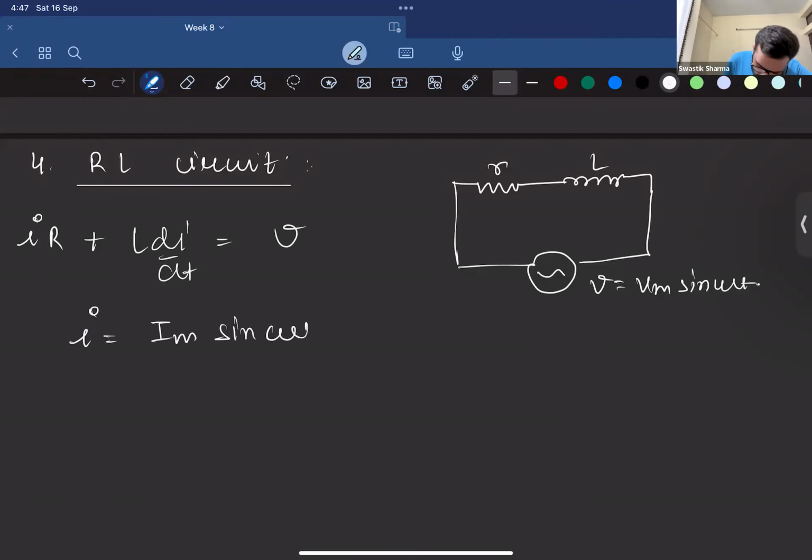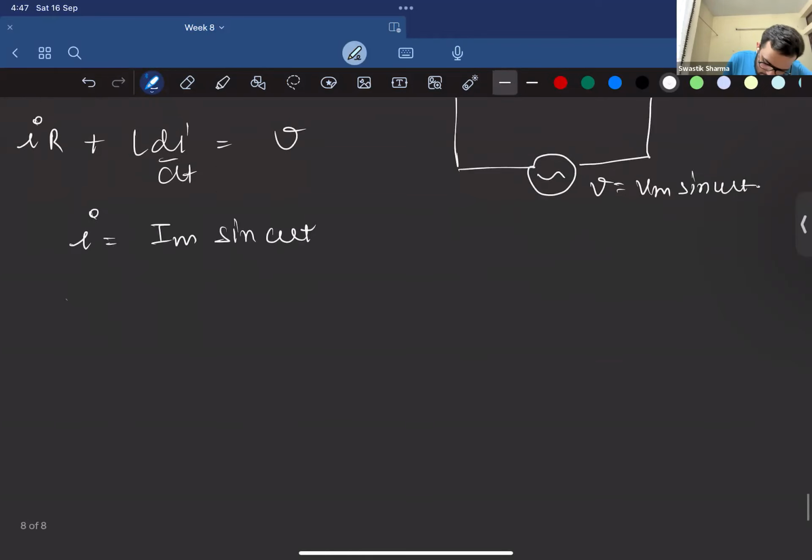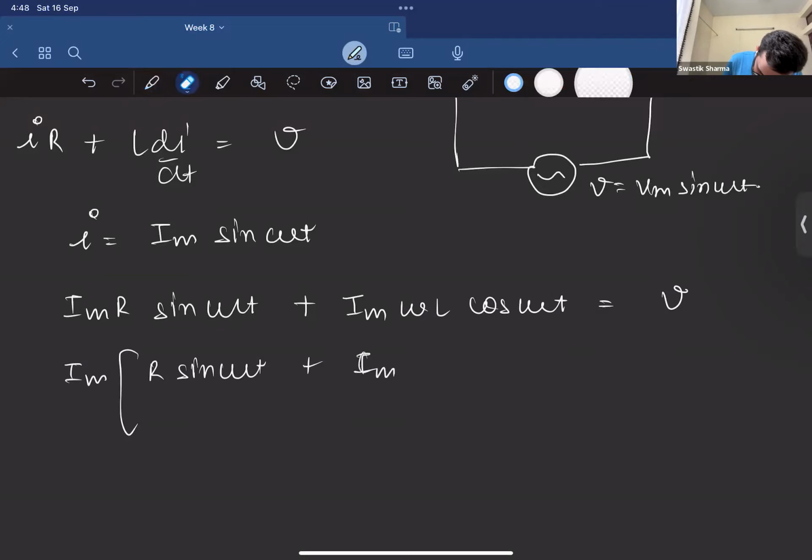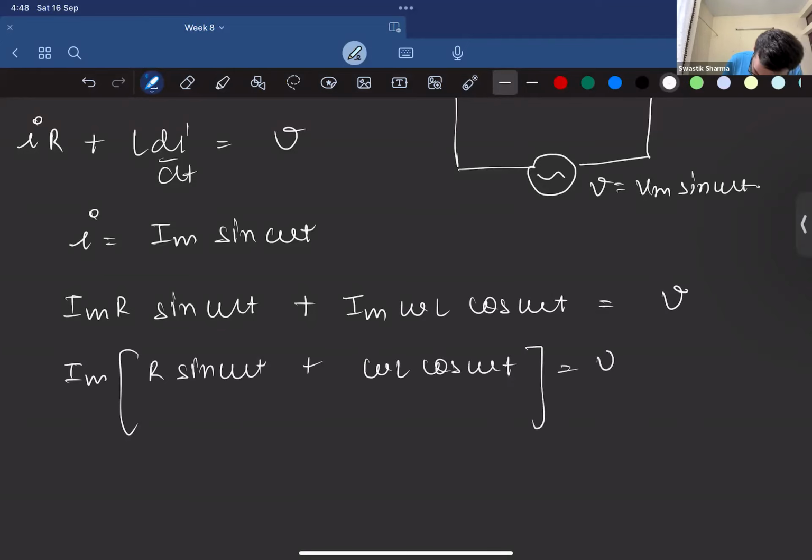So this is going to be Im R sin omega t plus, differentiation of sin omega t is cos, and omega would come outside. So it's Im omega L cos omega t, which equals V. Let's take Im outside: Im times R sin omega t plus omega L cos omega t.